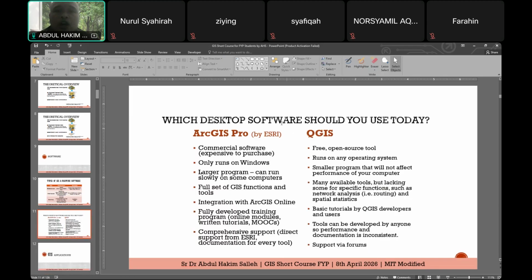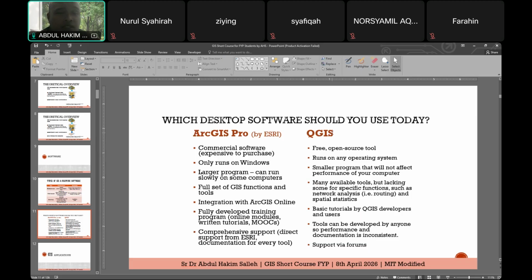Now, the question is, which software should I use, right? Some of you did use ArcGIS already. Well done. But if you want to discuss it, perhaps you need to give me some time because currently I'm focusing on Quantum GIS. But it's okay. I have used ArcGIS for years, since my degree.